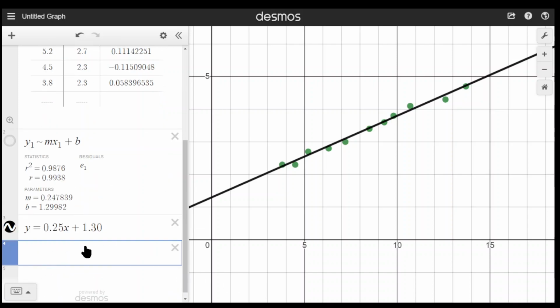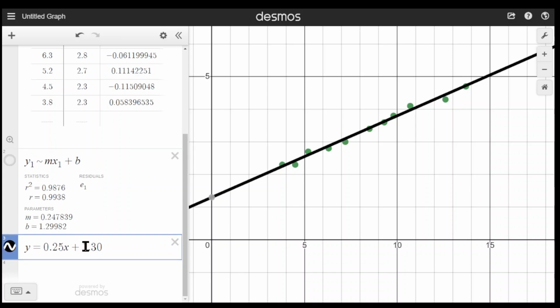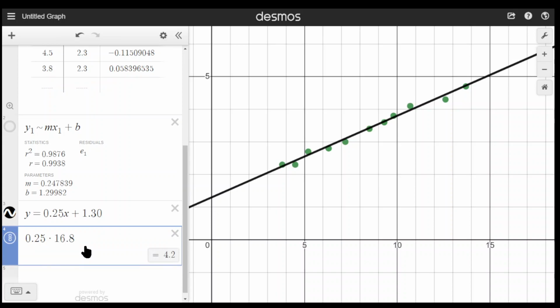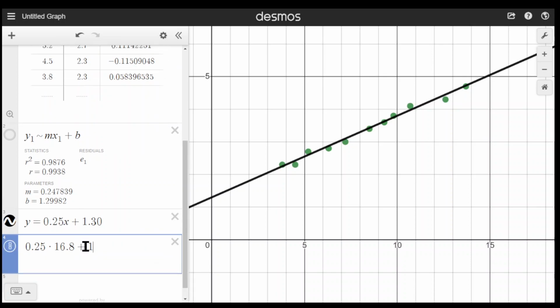What I'm going to do is just put in the x value. I'm not even going to put y. I'm going to say 0.25, I'm just going to use this as a calculator, times the length of the teacher's pencil paint, 16.8 centimeters, and then plus 1.3.